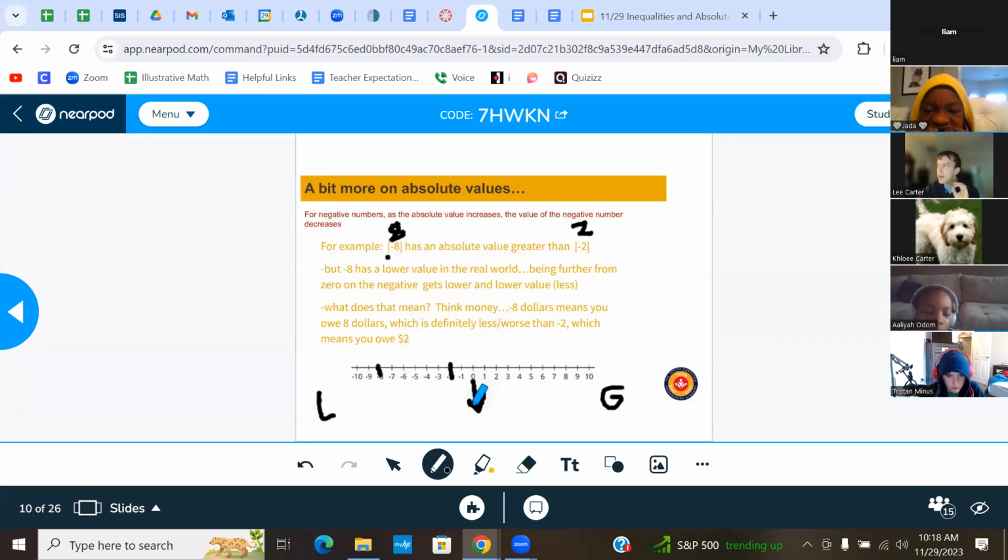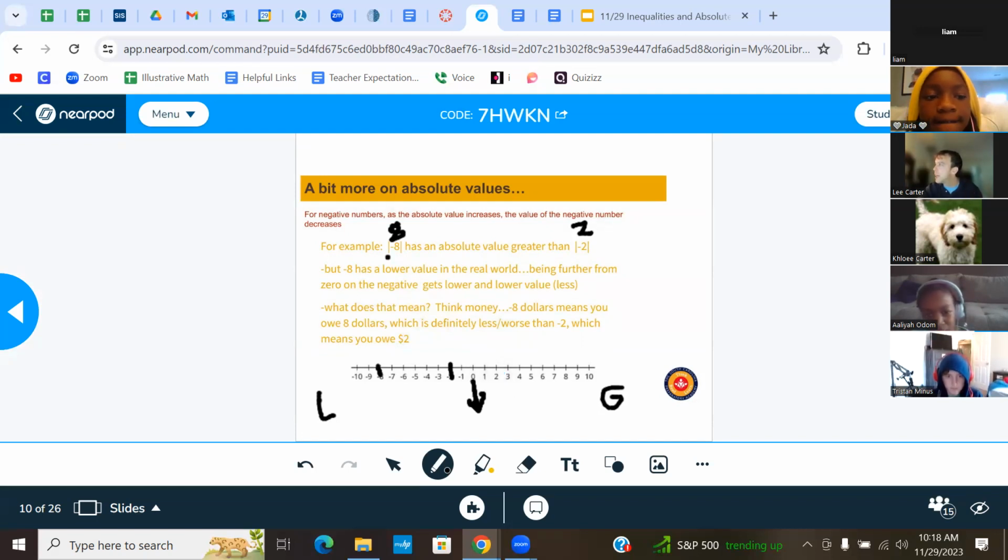So you just got to be careful with that in interpreting the situations. If I'm talking about below sea level, -300 feet is way further below sea level than, say, -5 feet. That kind of thing.